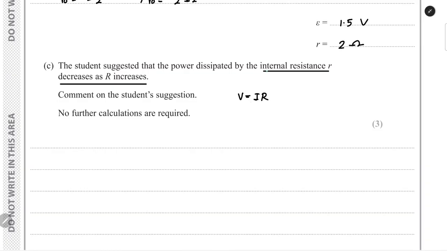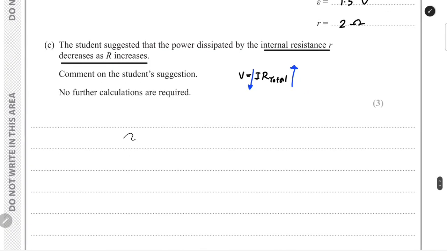Now if the circuit's total resistance increases, its current must decrease, since we have to have the same value of V. So if R becomes double, or the total resistance, not this r only, this is R total, the current in the circuit will become half.